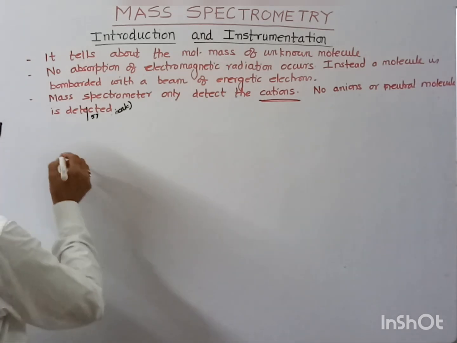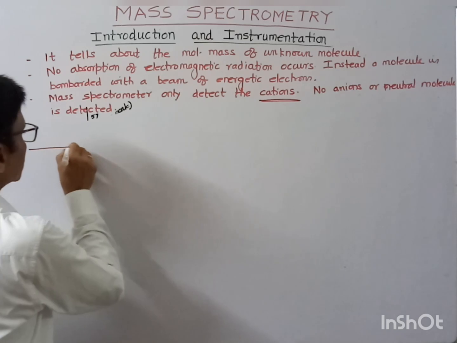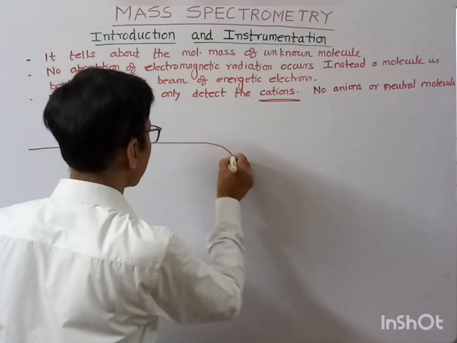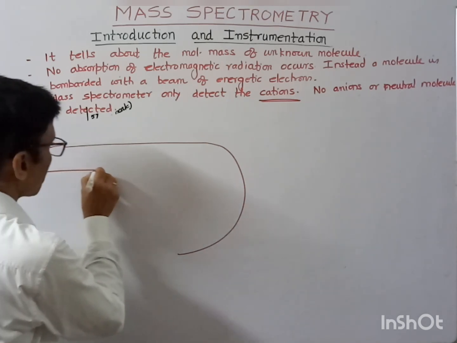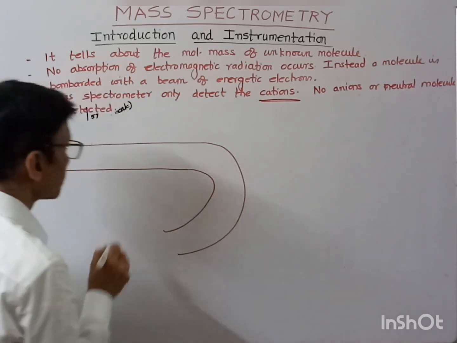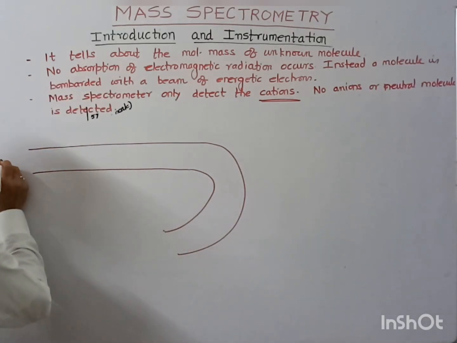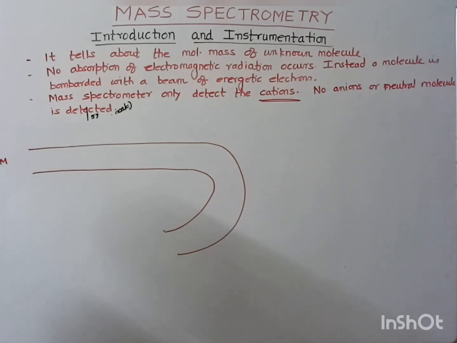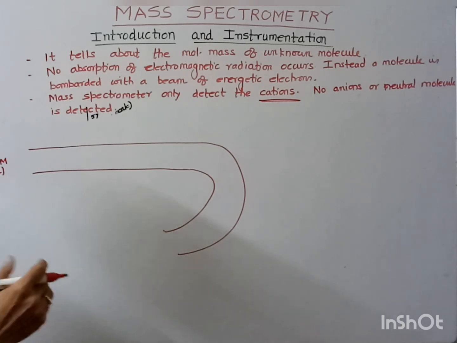Now the block diagram for the mass spectrometer is something like this. Suppose we have a molecule, and this molecule should be a neutral molecule, either in solid form, liquid form, or gaseous form.